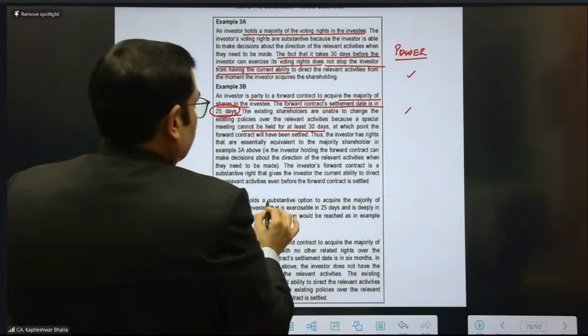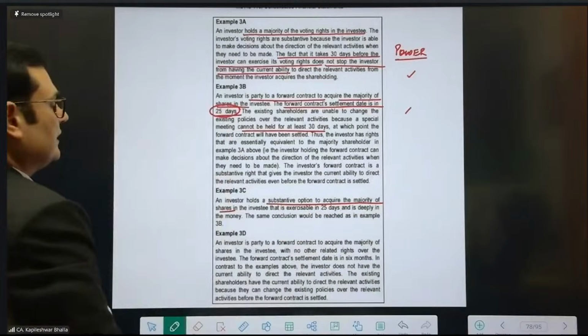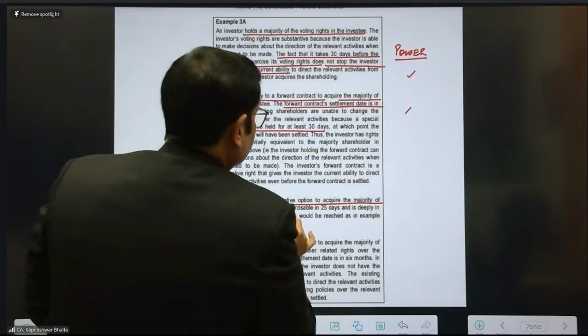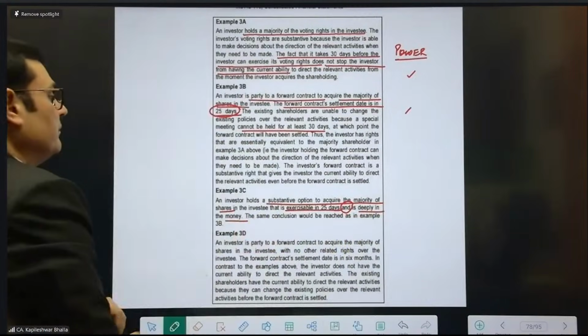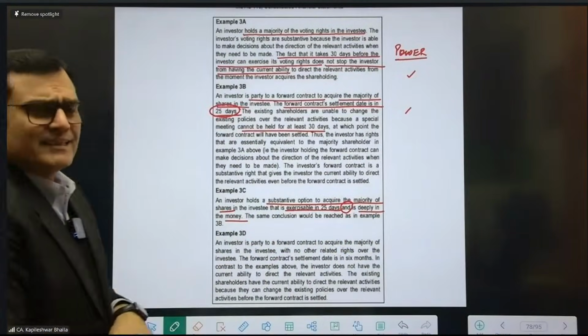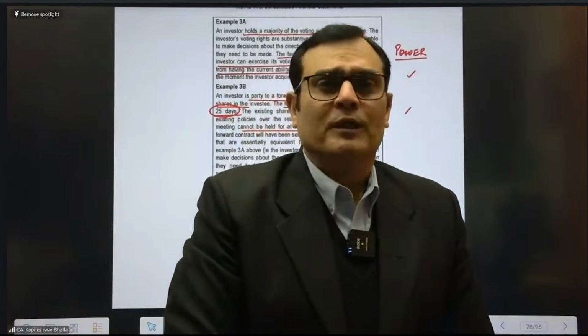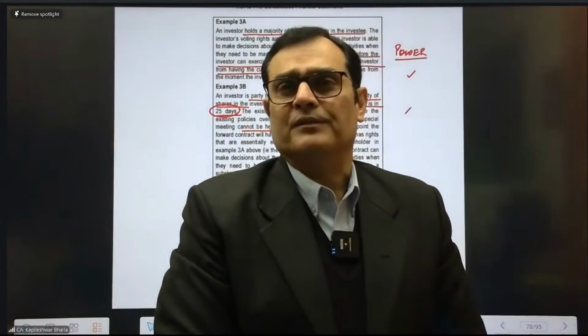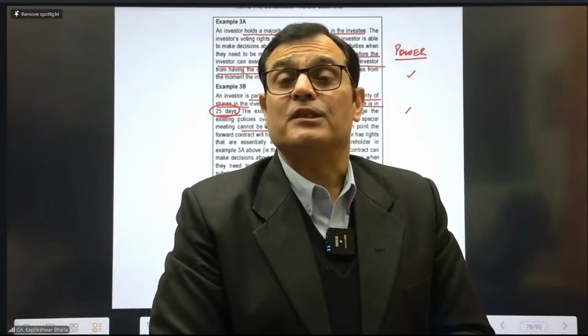Next, the investor has an option to acquire majority shares in the investee. It is exercisable in 25 days and is deeply in the money. Can I say the only combination in terms of an option contract where you will say there is power is when it is deeply in the money and it is going to be exercised before the meeting?